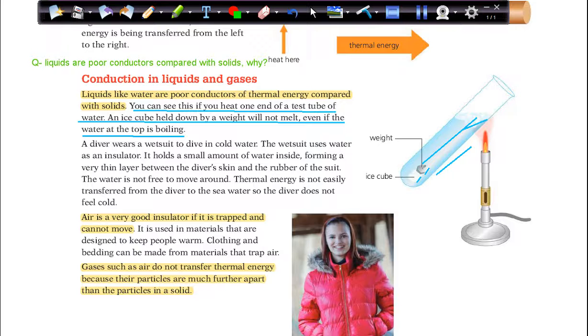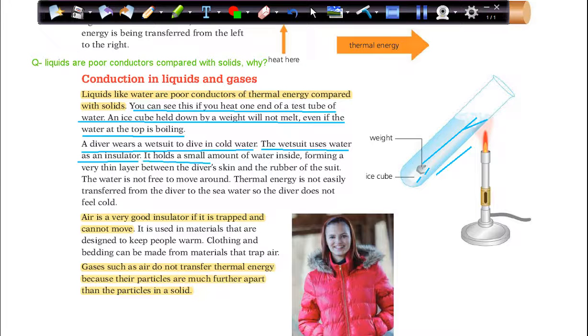So what about the divers? Why are they wearing a wetsuit? A diver wears a wetsuit to dive in cold water. We all know that this suit protects the divers from the low temperature of the sea. So how is this happening? The wetsuit uses water as an insulator.